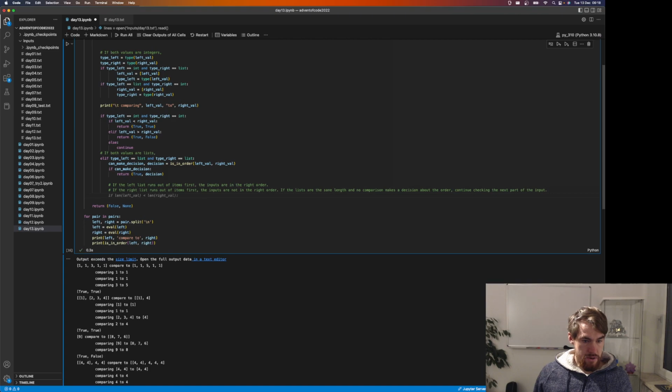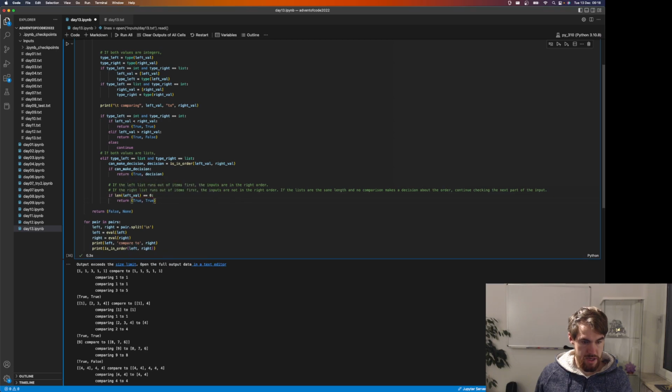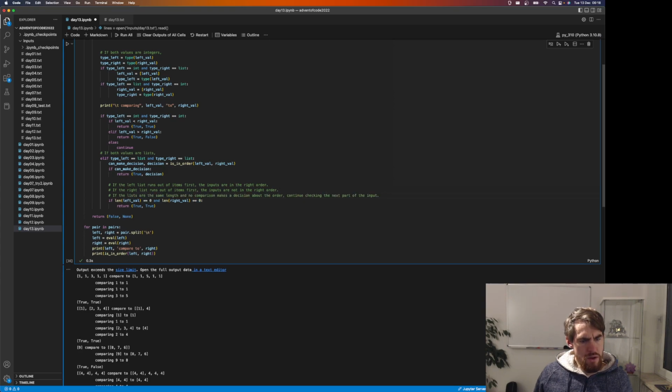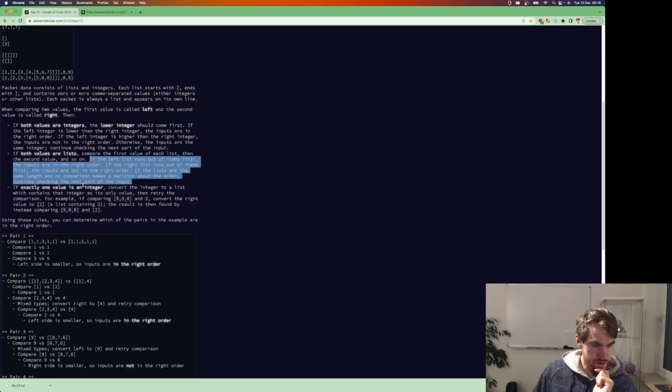Okay, so we can say then left for is 0. If the left list runs out of items first, items in the right order.